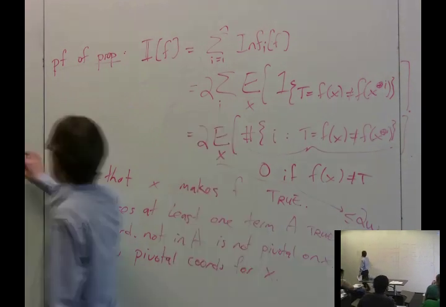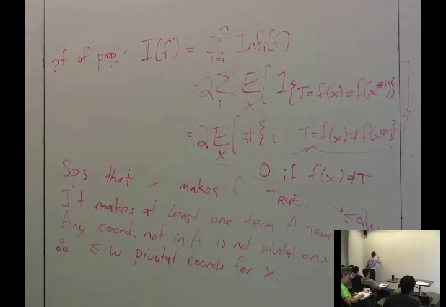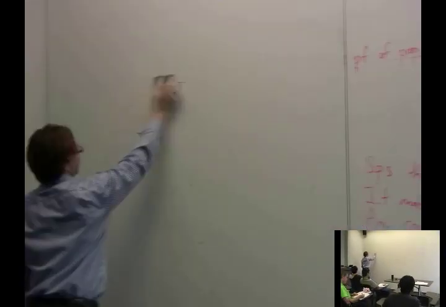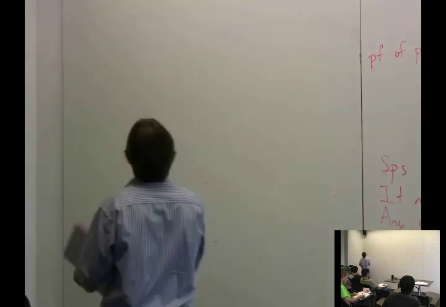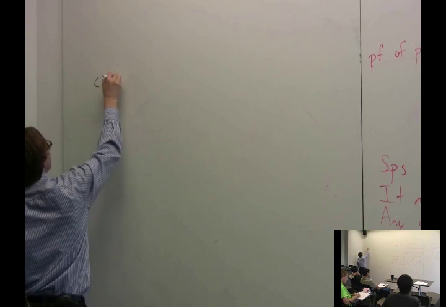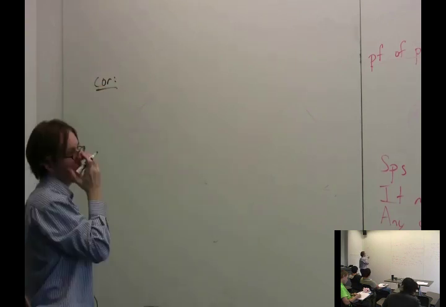OK, great. So, well, I was going to bring this back to spectral concentration. So, as we saw last time, if you remember that far back, there's a connection between total influence and spectral concentration.